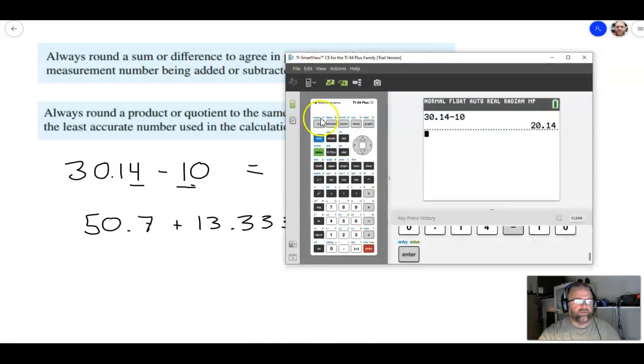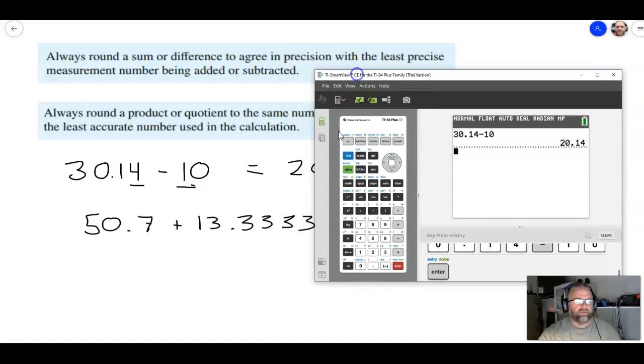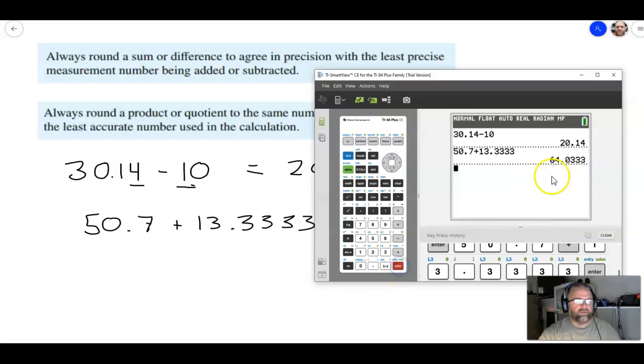All right, so the first thing I would do is go to my calculator here and say 50.7 plus 13.3333, and I get 64.0333. Now I look to see which one is least precise. Well, this one is tenths, hundredths, thousandths, ten-thousandths.